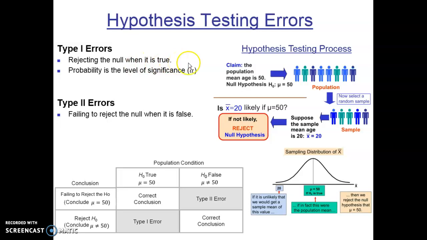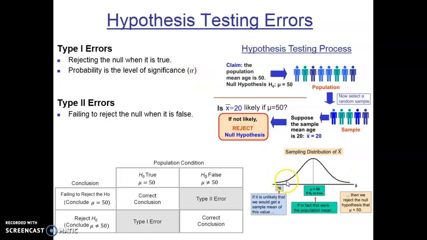And the only time that you would reject the null is if you get a sample mean that is in the rejection region. Now, how often would that happen? Well, if the population mean is in fact true at 50, then we would expect to get sample means in the rejection region level of significance percent of time, because the level of significance defines the areas in the rejection region.